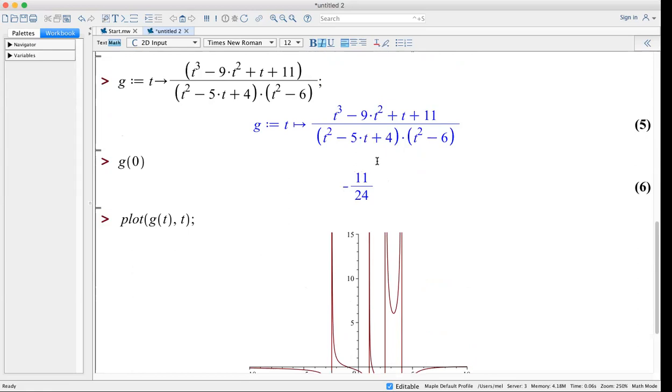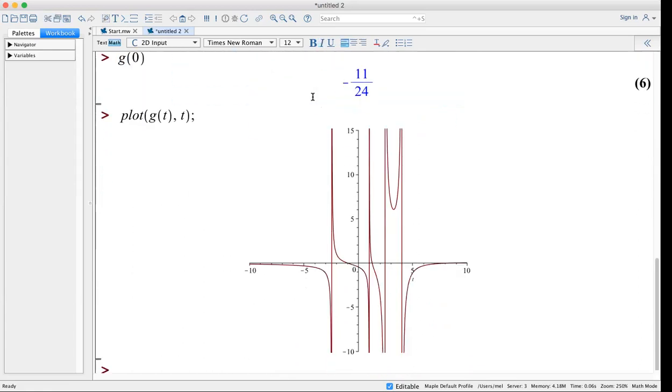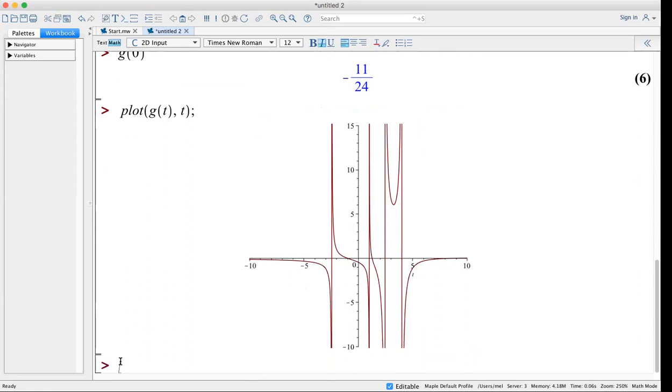Suppose we want to find the places where the denominator is 0. So this is the problem of determining the vertical asymptotes of this function.